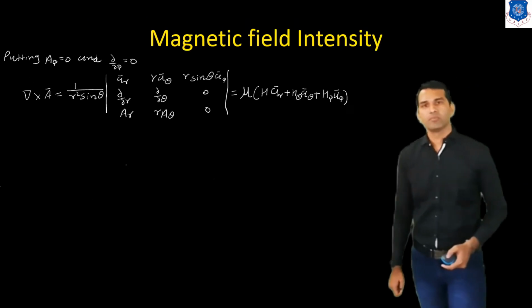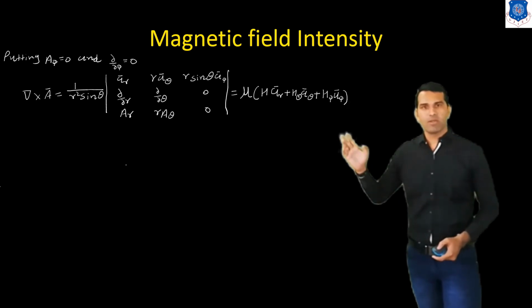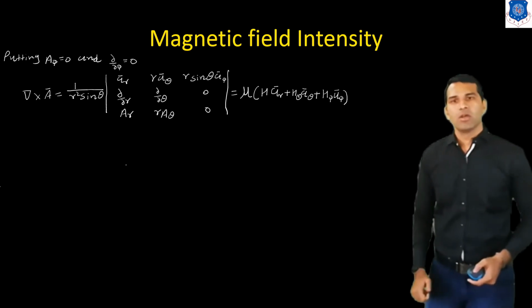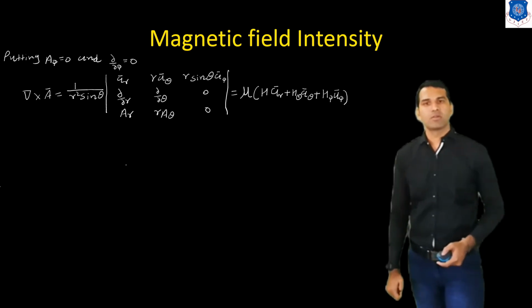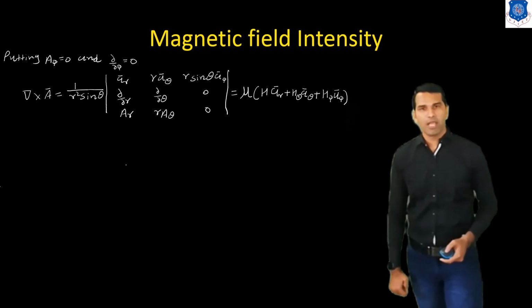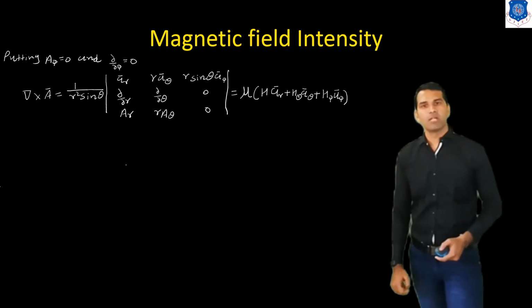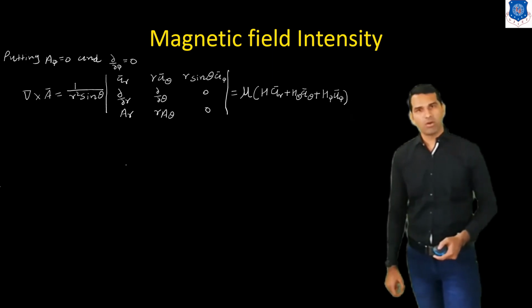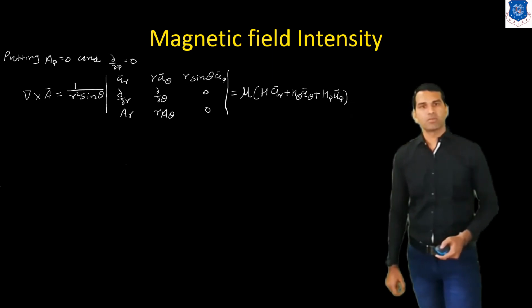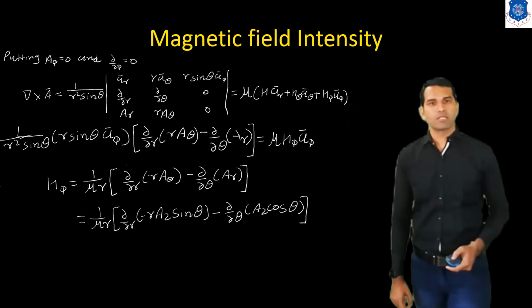So now we put all these values in this equation. We can write del cross A is equal to 1 upon r square sin theta, and the A phi portion is 0, so del by del phi is 0 and the other portion is also 0. Now we solve this equation.